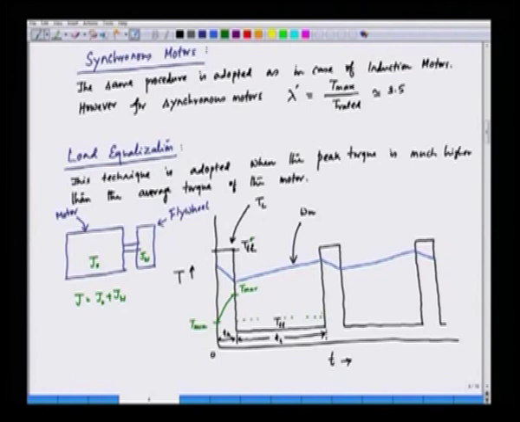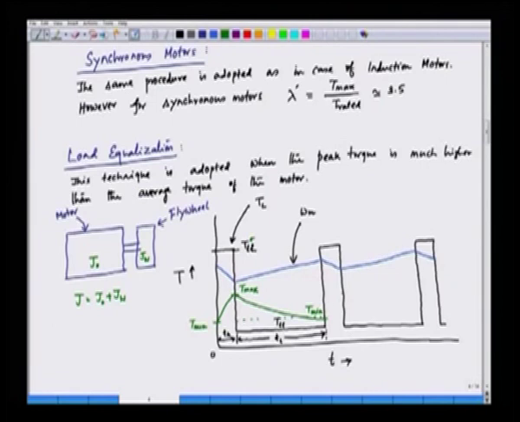Then again when a low load torque T L L is applied, the motor torque will come down exponentially to a T minimum value, the same as the previous one, and this is periodic in nature.